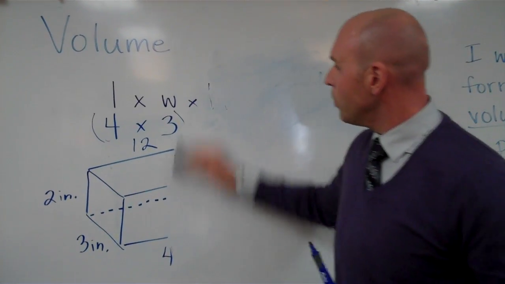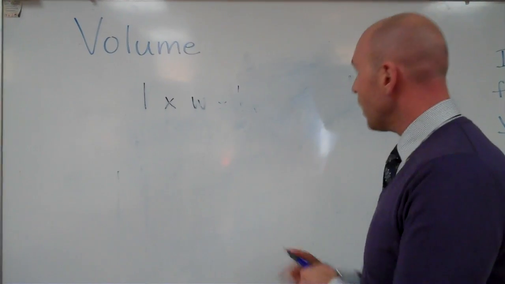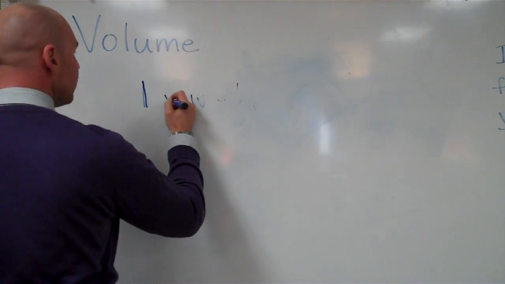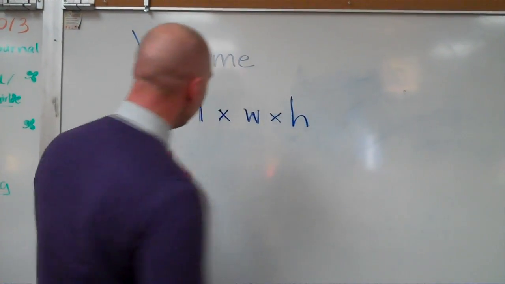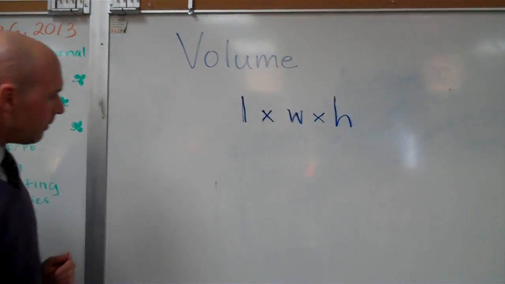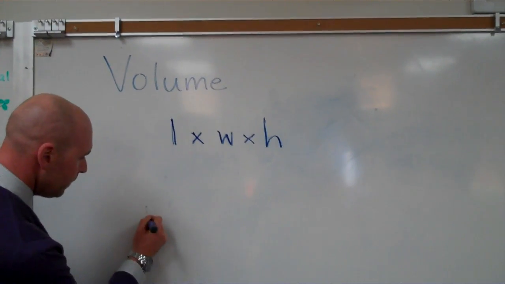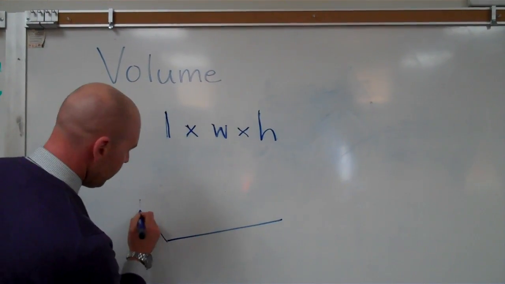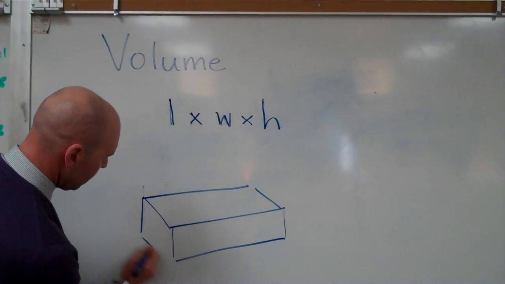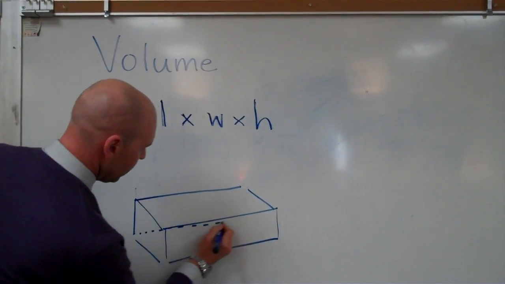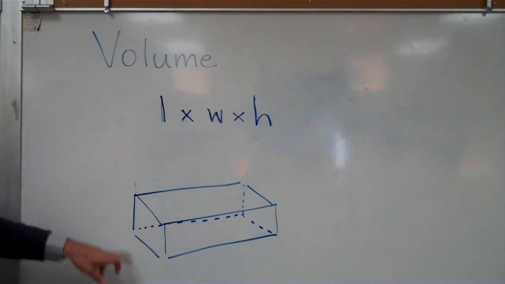Alright, let's try one more together. I'm going to give you some time to work it out on your own. I'll rewrite this for you. That's the formula that we need to use. Let me make one more for you here. It's a nice little stick of butter for you.